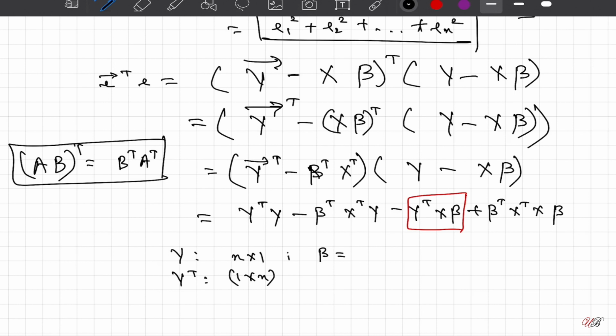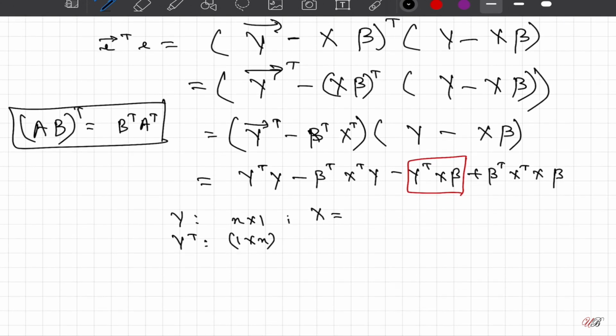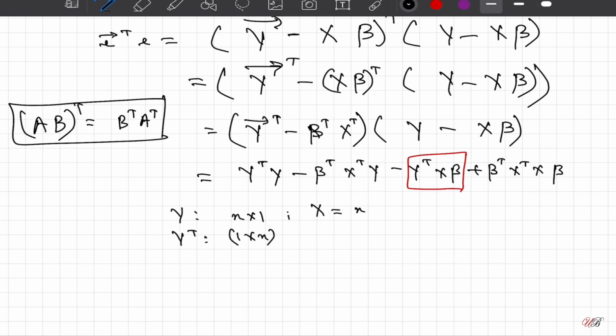Then we have x, which has a size of n cross k, so we multiply it with n cross k. And we have beta, which has size k cross 1.